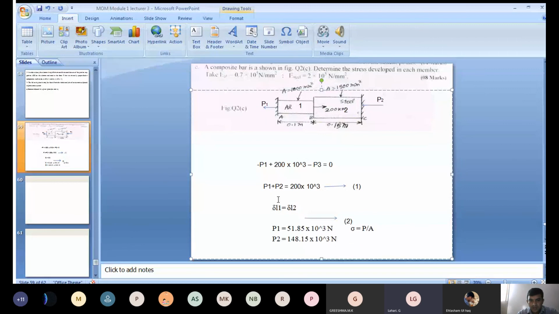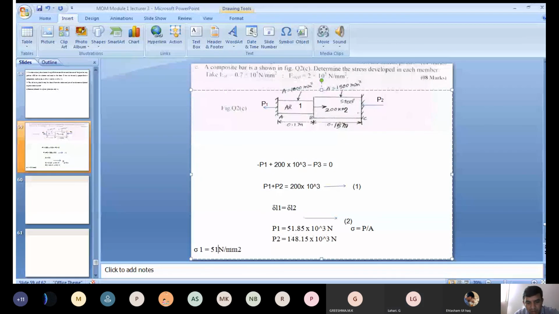Sigma 1 is 61.85, sir. What is the unit? Newton per mm square. Sir, 51.85.